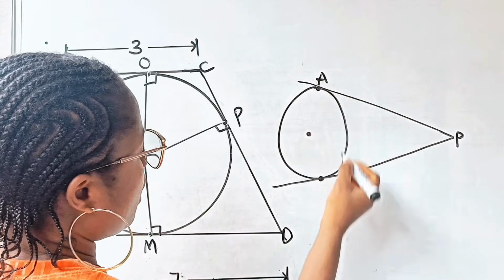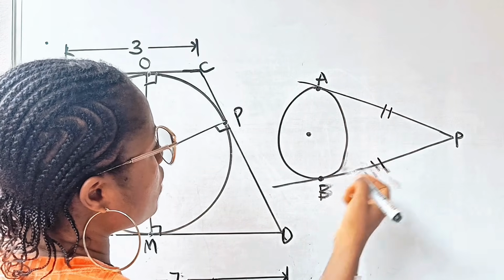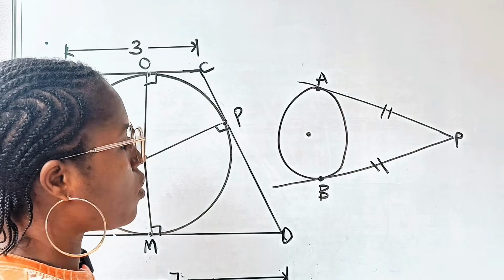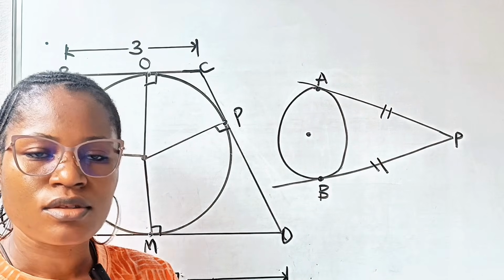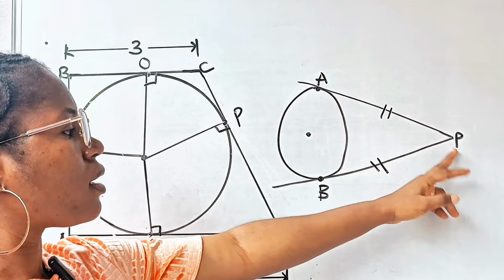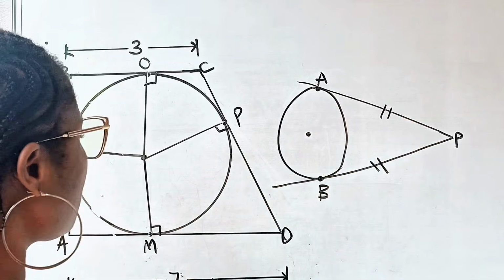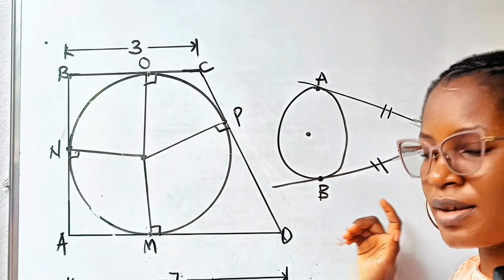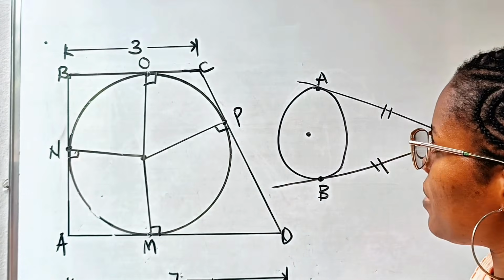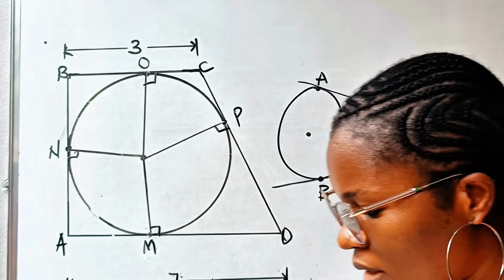If we call this A and call this B, line AP is equal to line BP. This is another theorem, the tangent theorem in a circle. So if we apply that here, it simply means that MD is equal to PD.